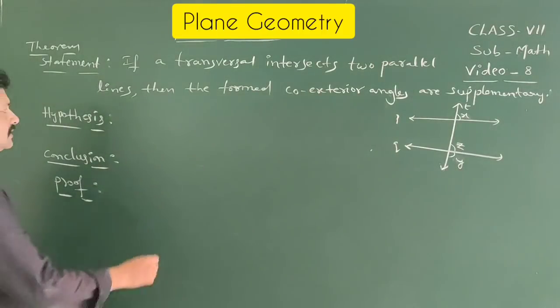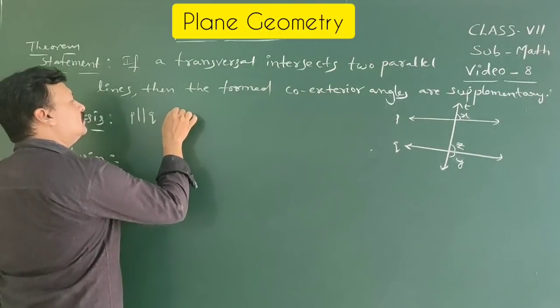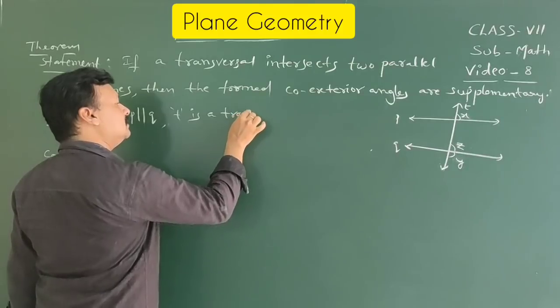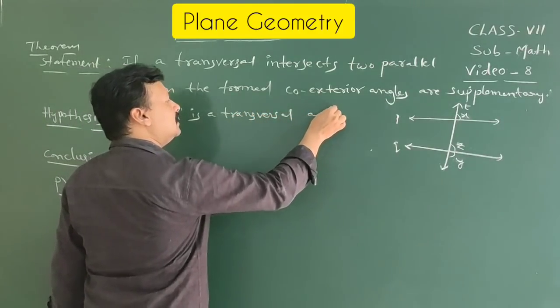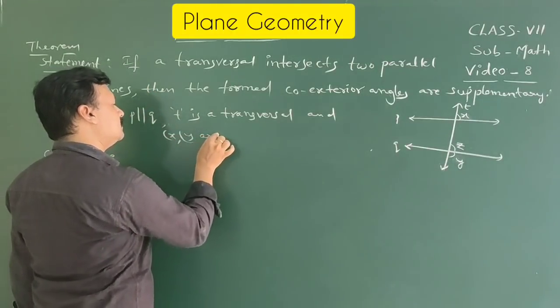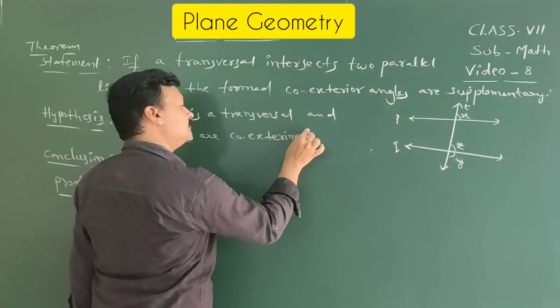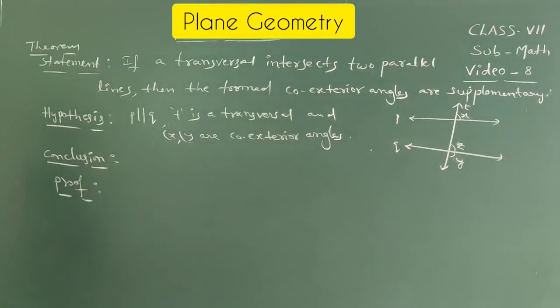Now hypothesis. Here P is parallel to Q, T is a transversal, and X and Y are co-exterior angles.